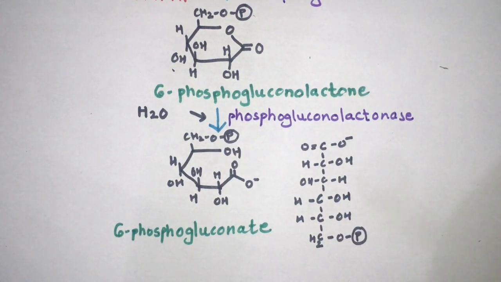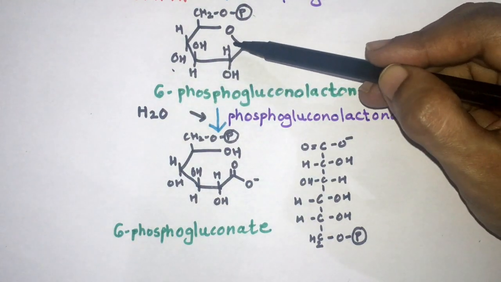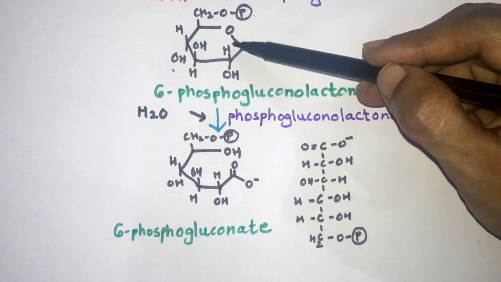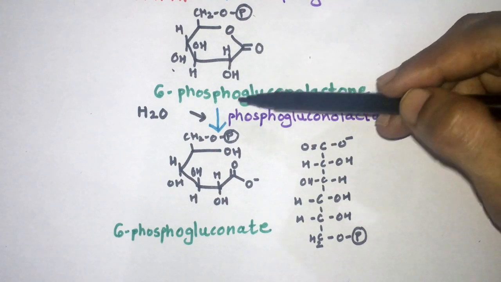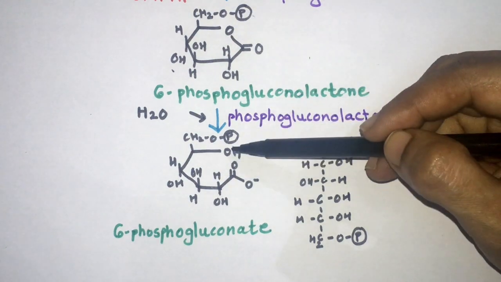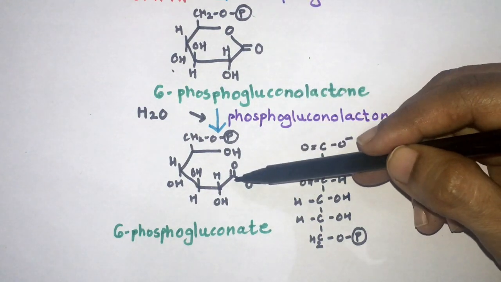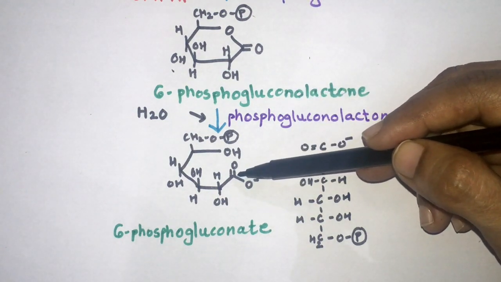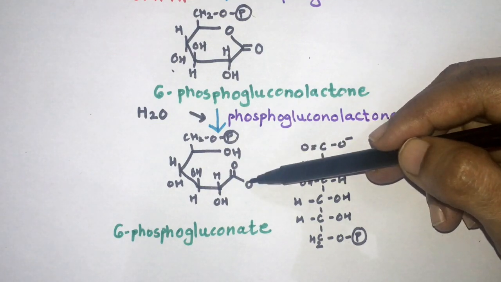This is a hydration reaction, that means addition of a water molecule. Here this bond will break and there will be addition of a water molecule. So this O will now become OH, as you can see here. This is the first carbon which now has a C double bond O, O minus group attached to it.